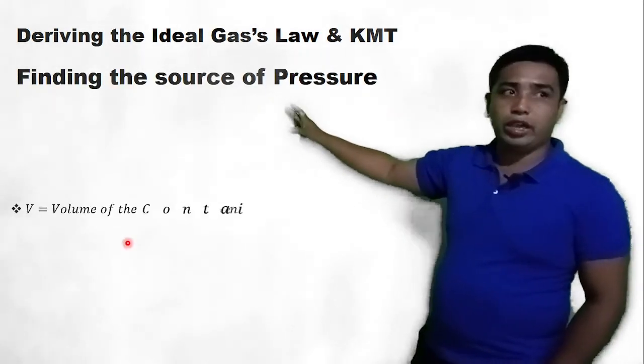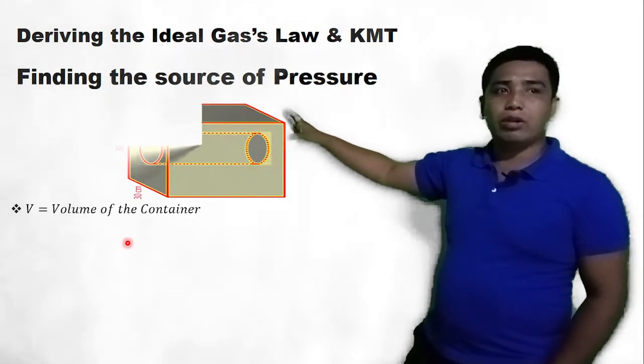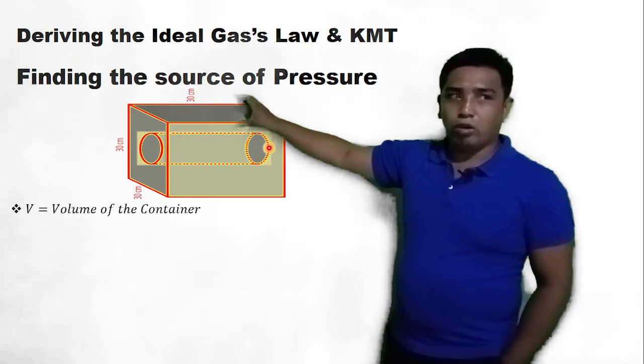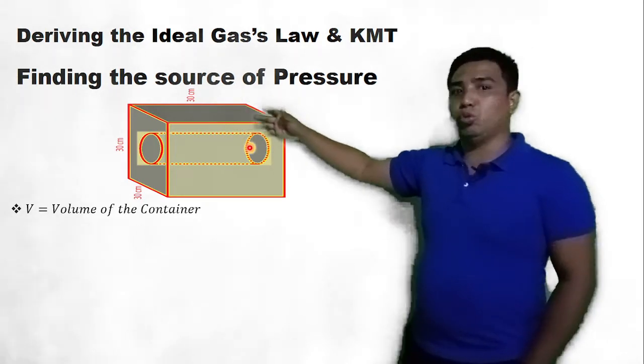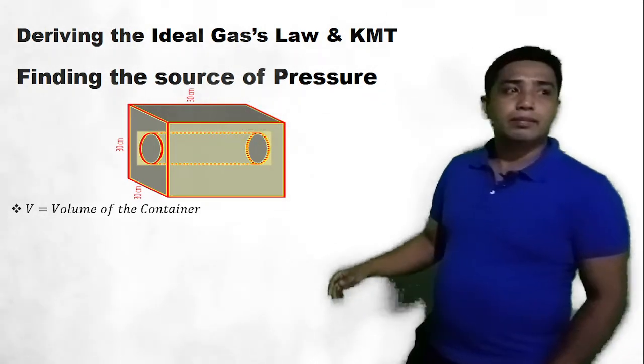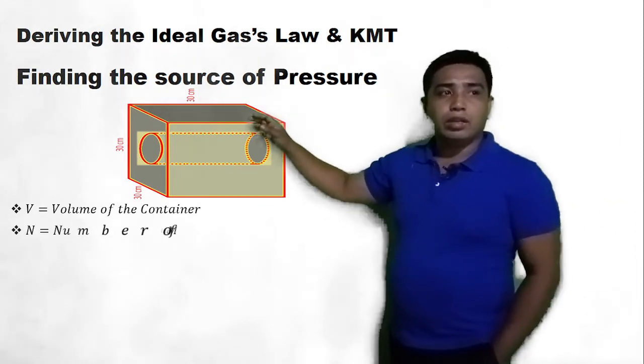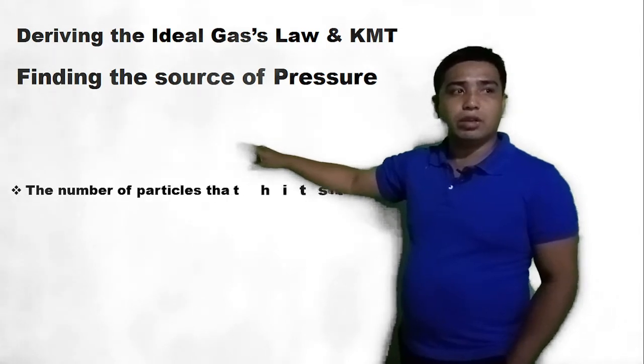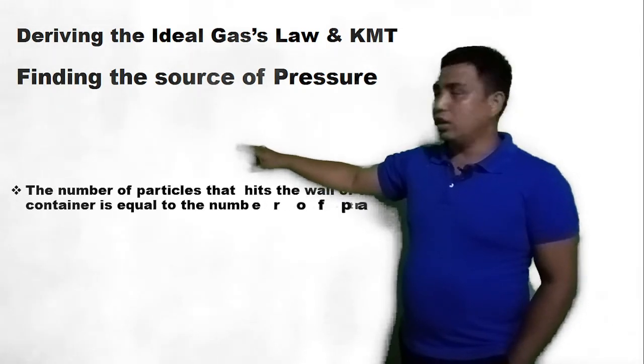Alright, so we can use the diagram right here. We have a yellow cube, and we have a cylinder inside it. We are going to focus on the cylinder to calculate something. The number of particles that hit the wall of the container is equal to the number of particles per unit volume having velocity Vx.